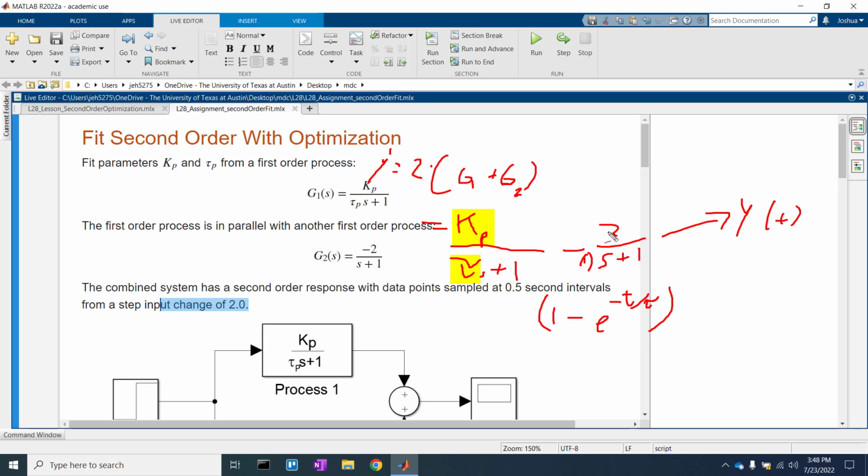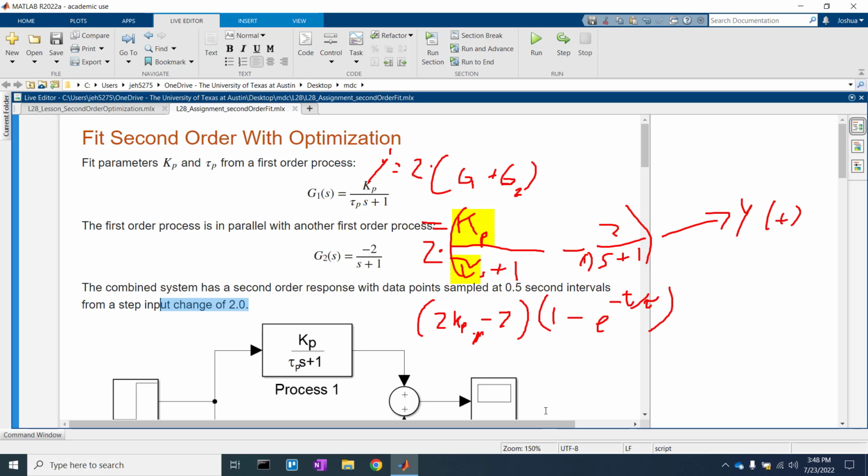And then the top part is going to be a 1 over that, so the magnitude is going to be multiplied here. That's the g, so there's going to be 2 times all of this. We'll have two separate things, but the magnitude for one of them will be 2kp, and the other one will be negative 2.